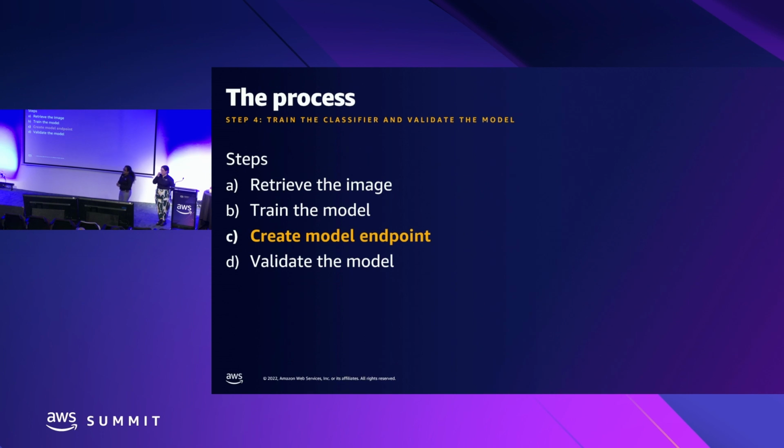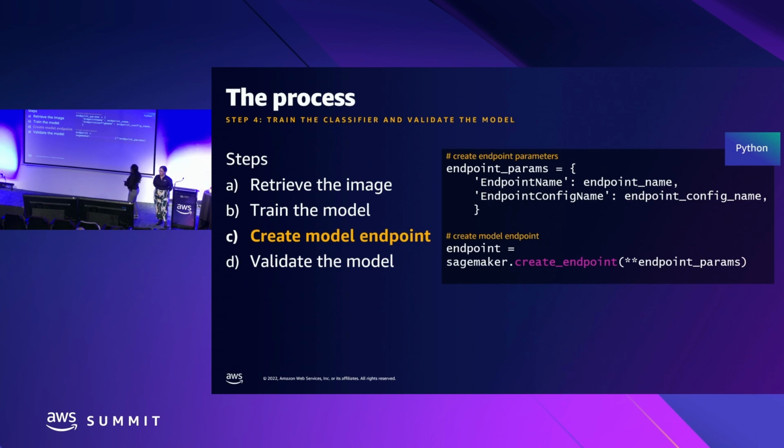Third step, once your model has been trained, you can create a model endpoint, which SageMaker uses to provision resources and to deploy models. And how this is done is by defining some endpoint parameters. You give it a name, you define some endpoint configurations as well, and you use a simple API called create endpoint.